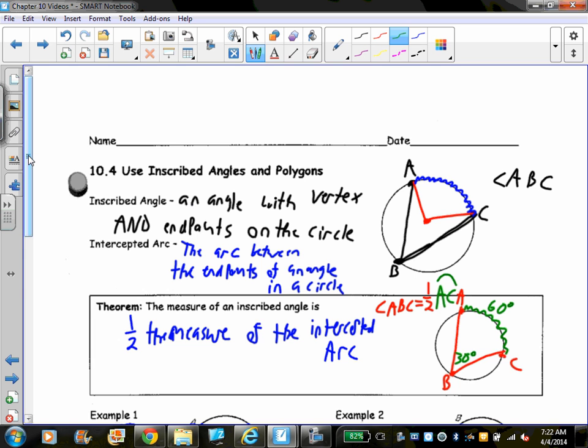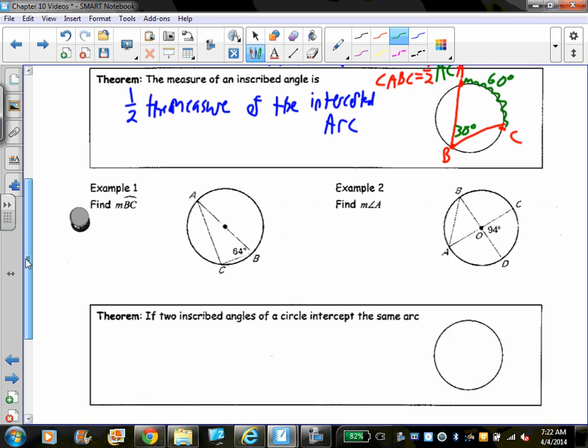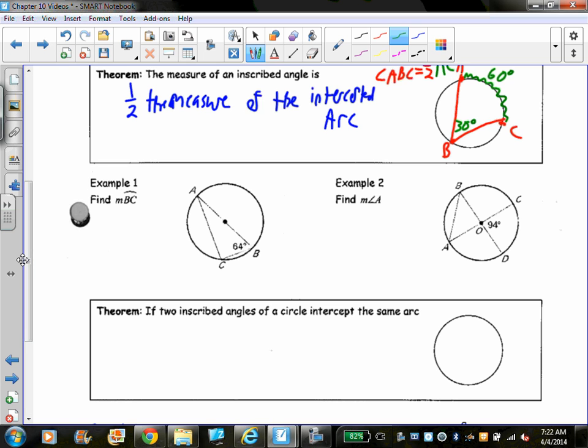So looking at this in a few examples, find the measure of BC. Well, here's what we want to do for that one. This is 64, so we can see that BA here is a diameter. It's going all the way through the circle. And what that means is that this arc over here is 180 degrees.